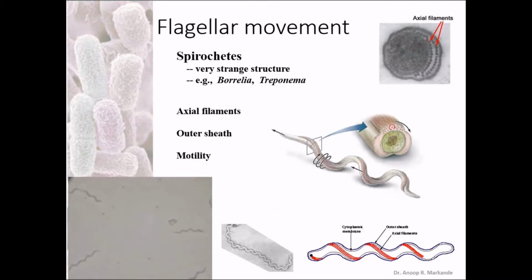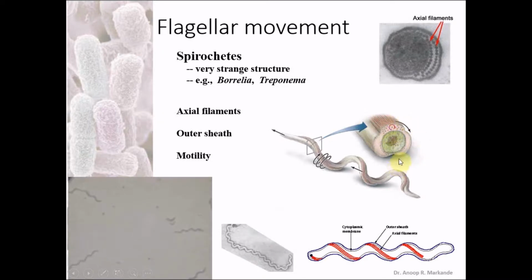Flagellar movement of spirochetes. They are strange when we are considering their structure, especially their flagellar structure. As can be seen here, the axial filament are within the sheath of the bacterium, and this sheath covers the whole bacterium and the flagella inside it.